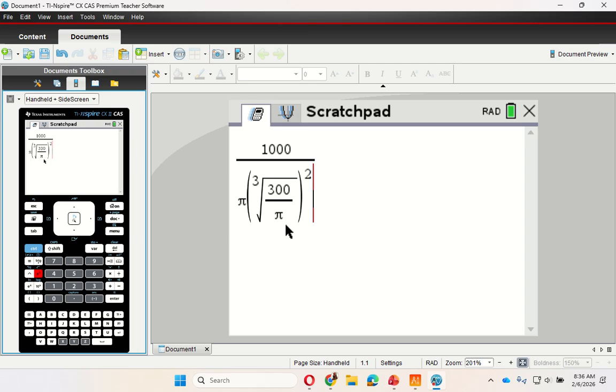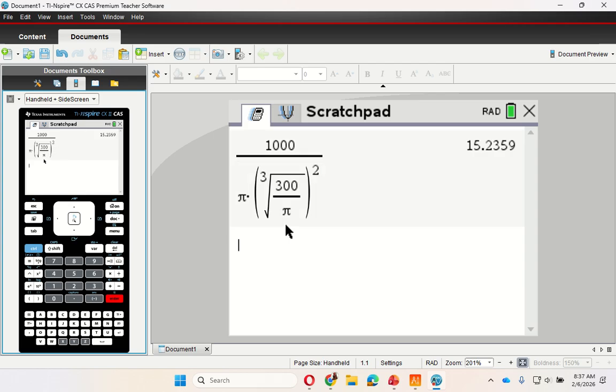I don't know if you guys realize this, but it's actually important to know how to use your calculator, though most people just go to their phones. But at this point in time, that's on you. Control, enter. So my h is going to be 15.236.